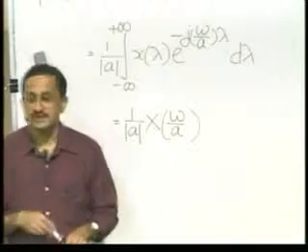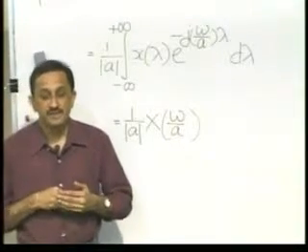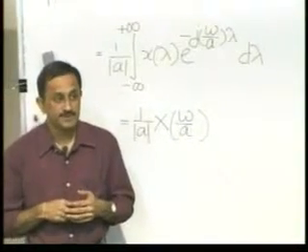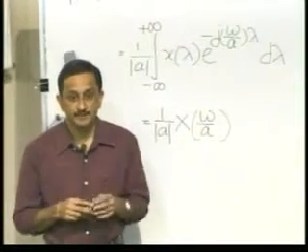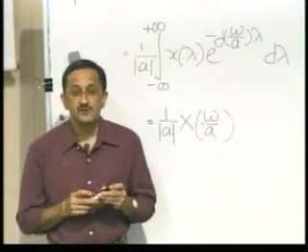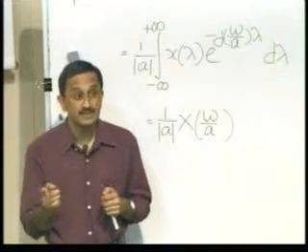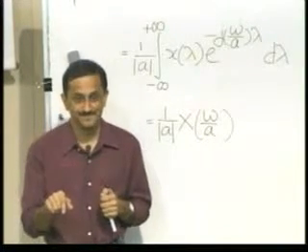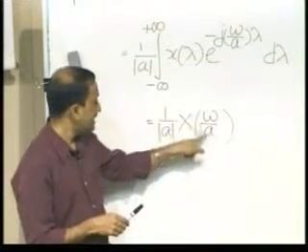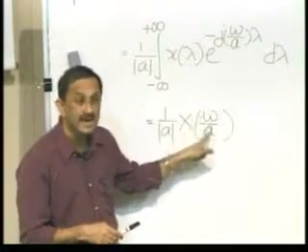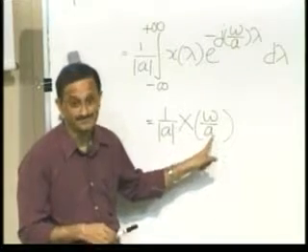Now, it should be noted here, the effect of scaling the independent variable with a, a real number, is to scale the frequency axis by 1 by a. And please note that here it is scaled by 1 by a and not 1 by mod a.